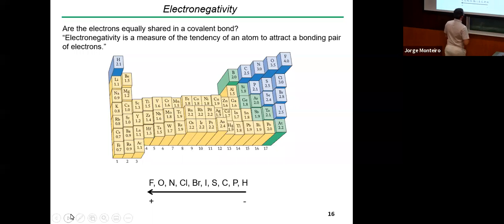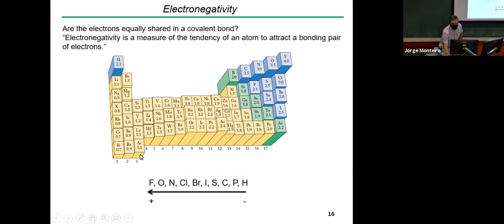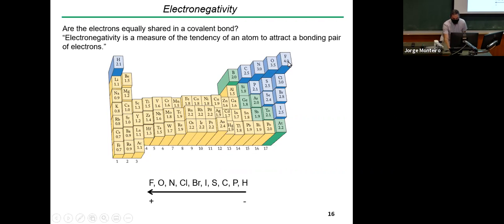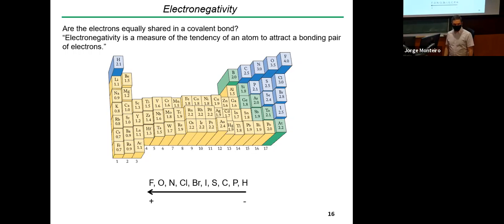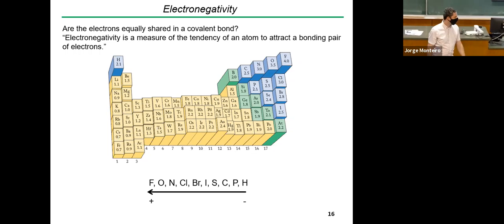So it's a relative scale. The most electronegative element is fluorine, right here at the top, and the least go all the way in the diagonal, cesium and francium.